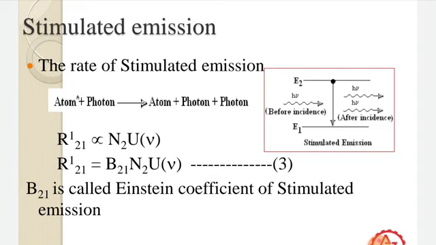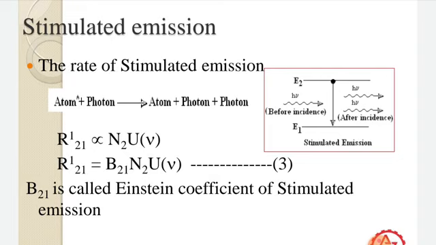One photon h nu is the photon it absorbed earlier to get excited from the lower energy state to the higher energy state. Along with it, it emits another photon, which we used to stimulate it to come down from the state E2 to E1.